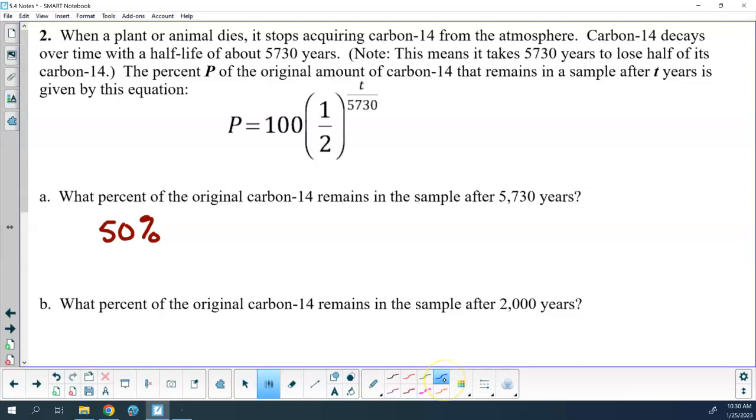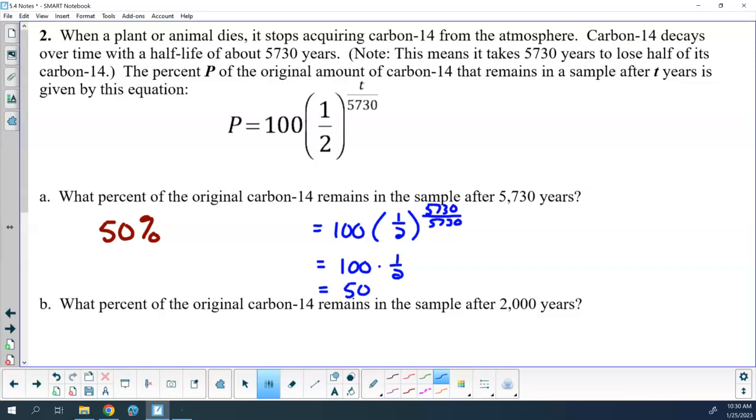So you go 100 times 1/2 to the 5,730 divided by 5,730. That's 1. 1/2 to the first power is 1/2. 1/2 times 100 is 50.